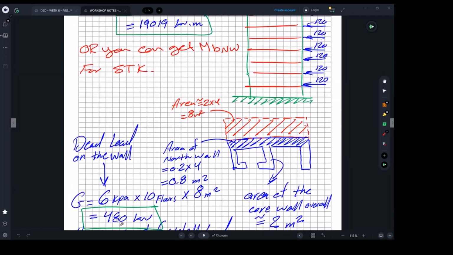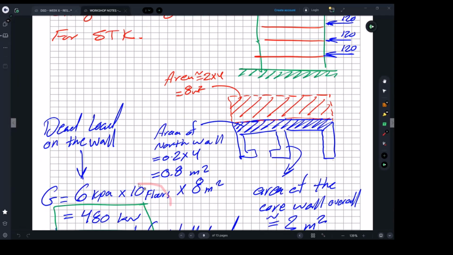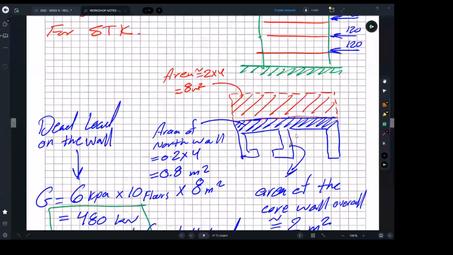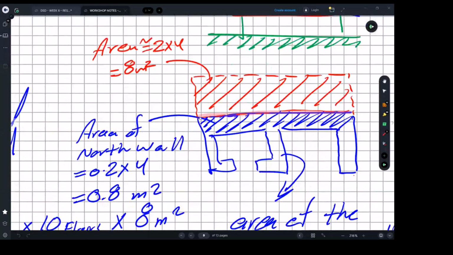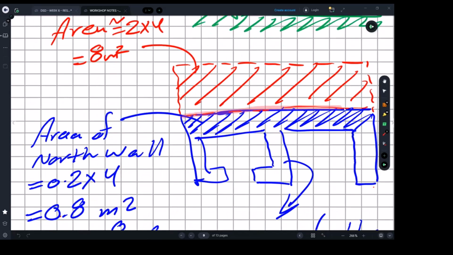Maybe here I did not yet multiply. No, actually I did. So I'm not sure. But I was also saying to you here, consider the weight. Effectively, we do have also the wall, right? And the wall is kind of the same, but the wall is standing vertically. So for one floor, I will find the length.